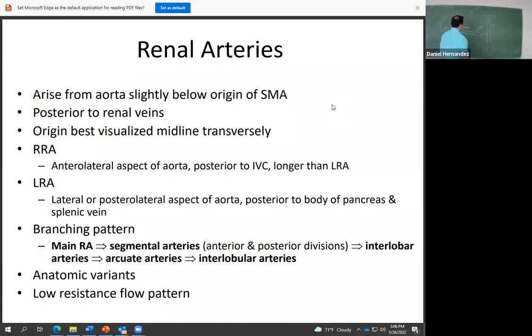I apologize. So distal aorta, around the level of the IMA up to where we get the bifurcation. So anywhere in there would be considered distal abdominal aorta.